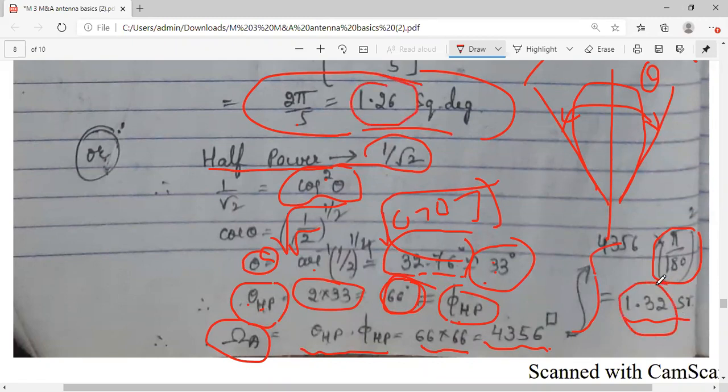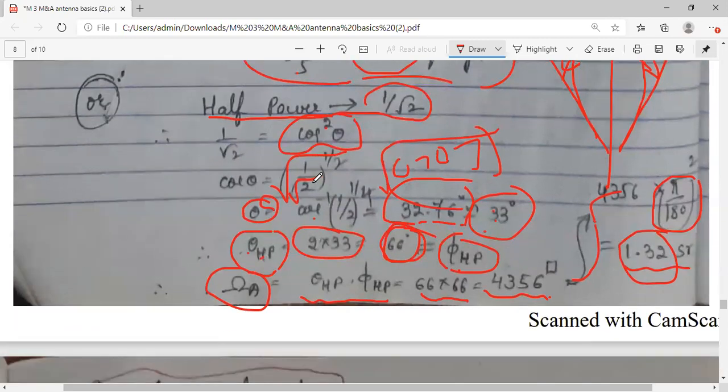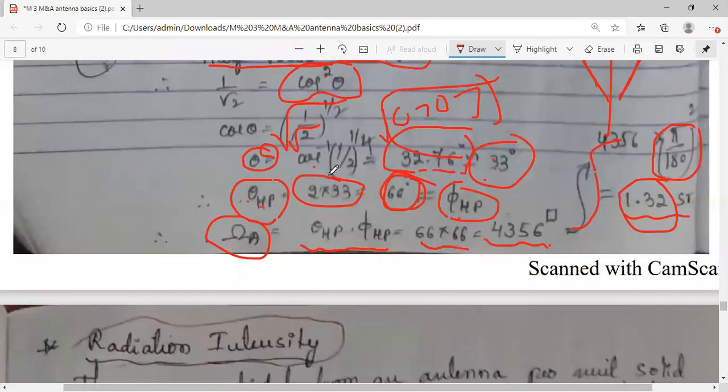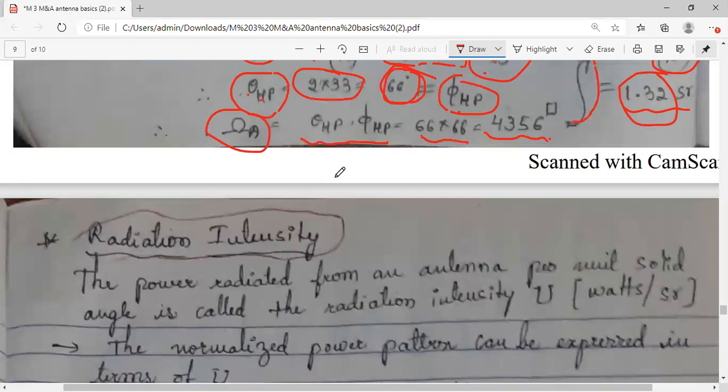What is the answer here? It is 1.32. So approximately they are same. So दोनों method से अगर आप करोगे तो आपका beam area almost same आएगा. So these are the two methods. One is approximate method, one is the exact method to find the beam width or the beam area. So these some 3-4 problems we have seen based on those parameters.